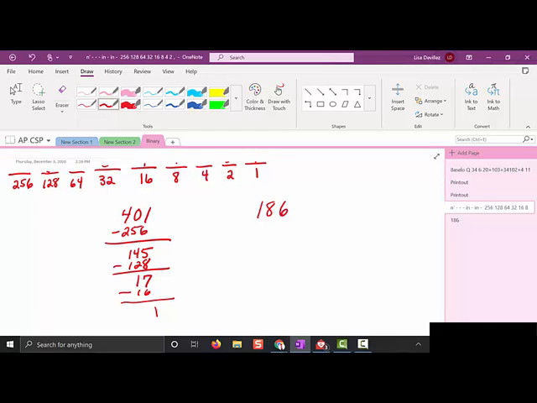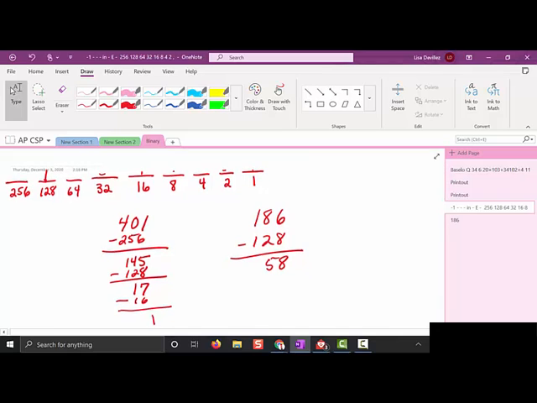Okay, so 186, 128 will go in. So 186 minus 128, so that's 58. All right, and so the next thing, 64 doesn't, so 32. So that's 26.